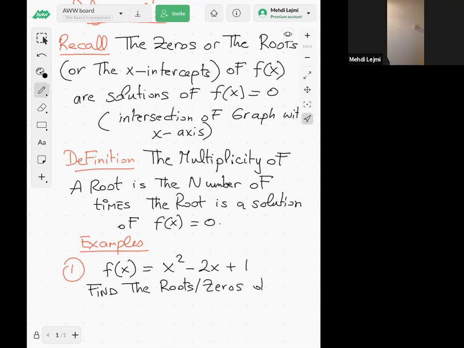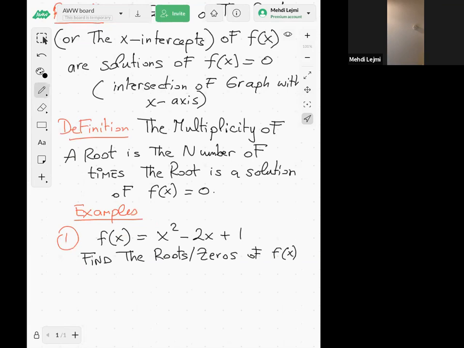So we have to solve f of x equal to 0. That is, we want to solve x squared minus 2x plus 1 equal to 0.